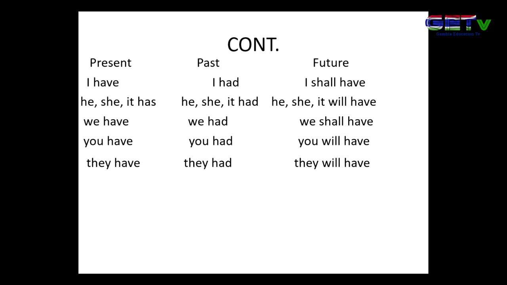Present, he, she, it has. I have, he has, she has, it has. Past, I had, he had, she had, it had, the same. In the future, I shall have, he will have, she will have, it will have. The same have there.